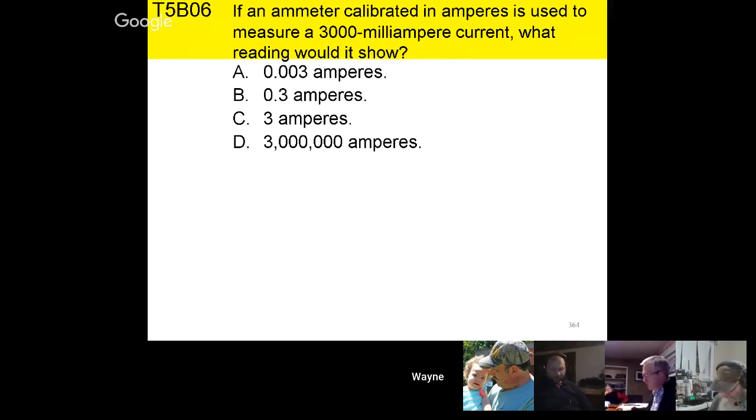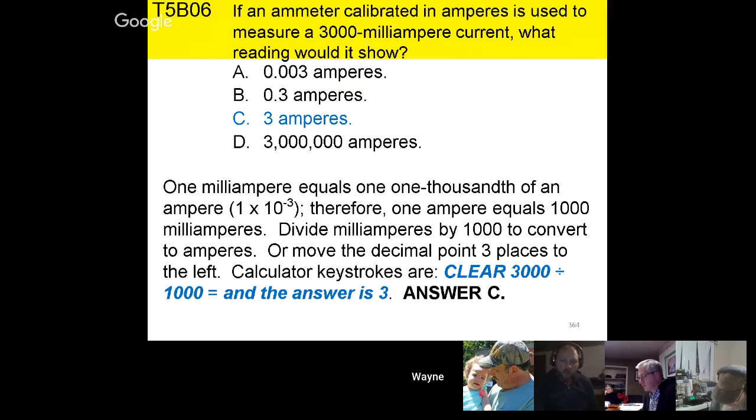If an ammeter calibrated in amperes is used to measure a 3,000 milliampere current, what reading would it show? Now remember, it's calibrated in amperes, and you're measuring a 3,000 milliampere current. Your answer is C. 1 milliampere equals 1,000th of an amp.